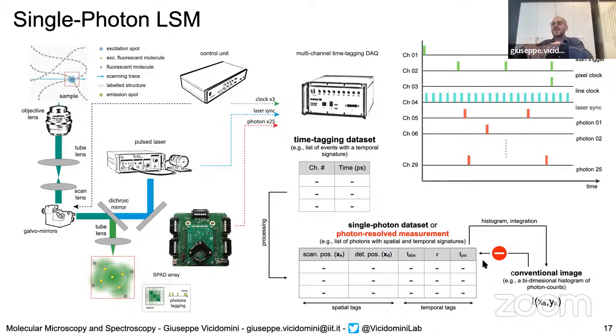Because I can make a histogram, for example, counting the photons that arrive for each position of the sample. That's a conventional image. Obviously, what I cannot do is, if I have a conventional image, go the other way around. So for the first time, I have a technology that gives me access to this granularity of information that was not possible before.